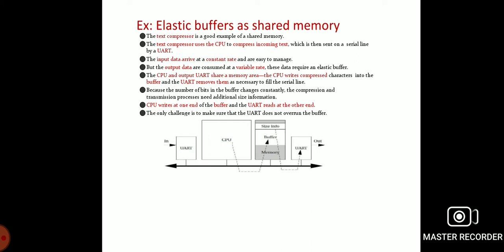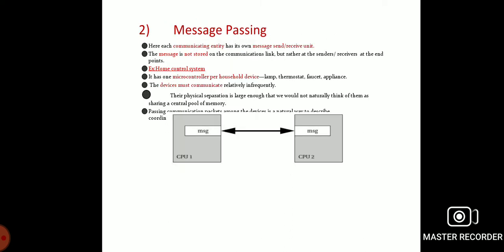Then another shared memory communication method is message passing. Each communication entity has its own message send or receive unit. The message is not stored on the communication link but rather at the sender or receiver end point. Take the home control system. It has one microcontroller per household device, such as a lamp, thermostat, house appliance.